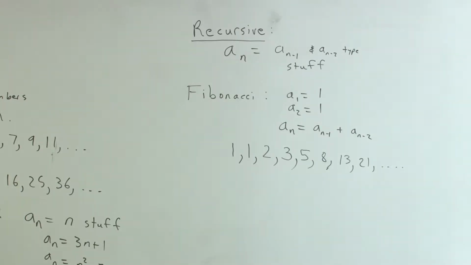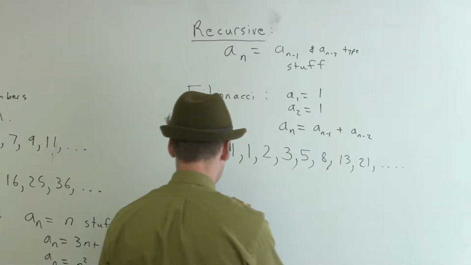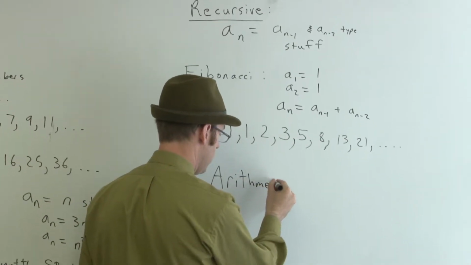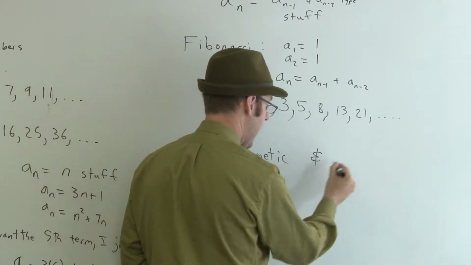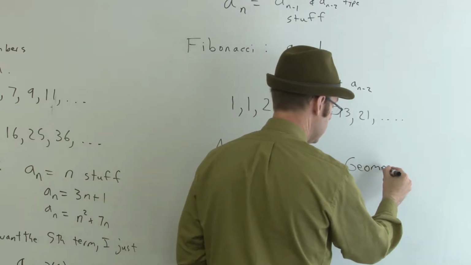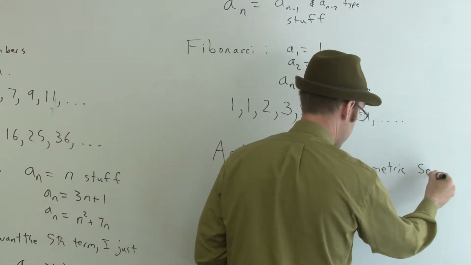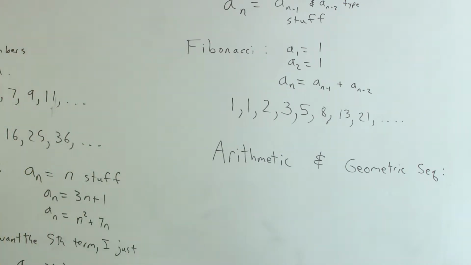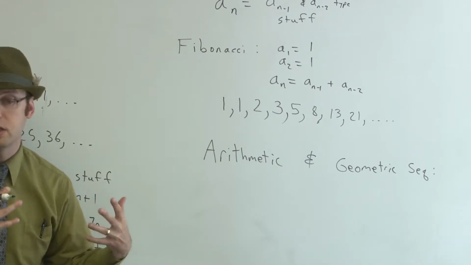Now, here's where the magic happens. Arithmetic and geometric sequences. So these are particular types of sequences for which the mathematical manipulation is relatively pleasant.